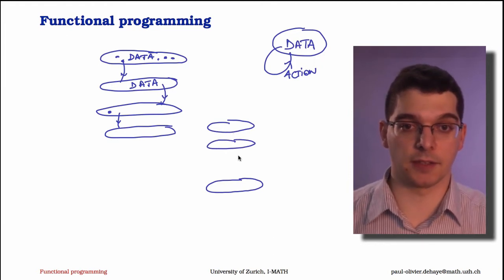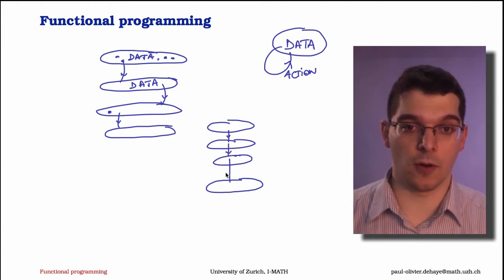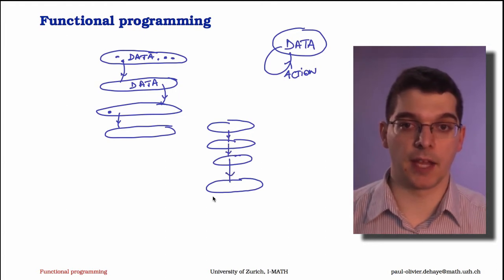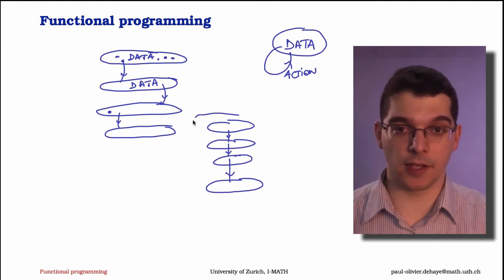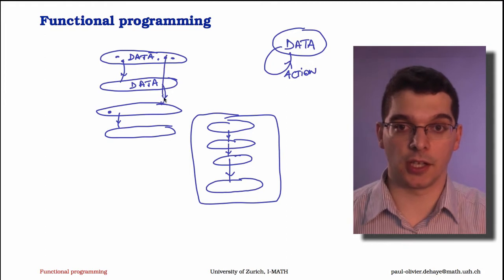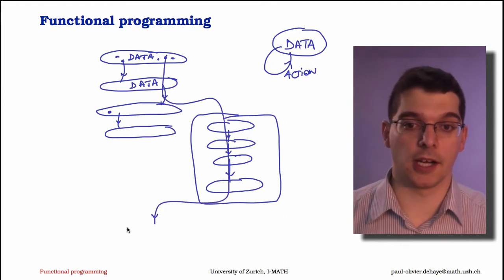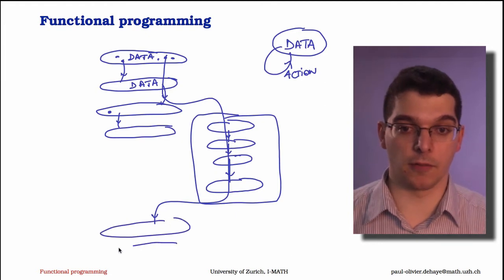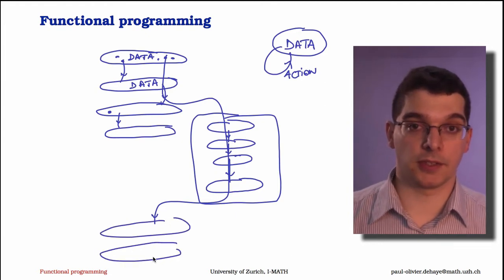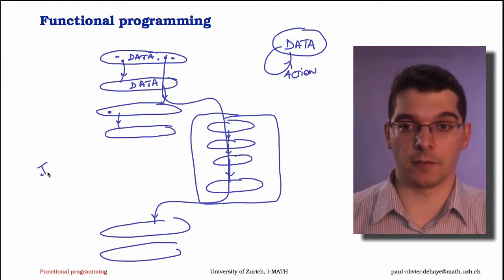So we had a series of steps transitioning from one state to another all the way to the final result. And then we were naming this whole thing as a function, and then we were transitioning, maybe going through the usage of one function like this to another part of the program. So this was the general picture so far of imperative programming, right? So this is not functional programming yet, it's more imperative programming with some functions thrown in.